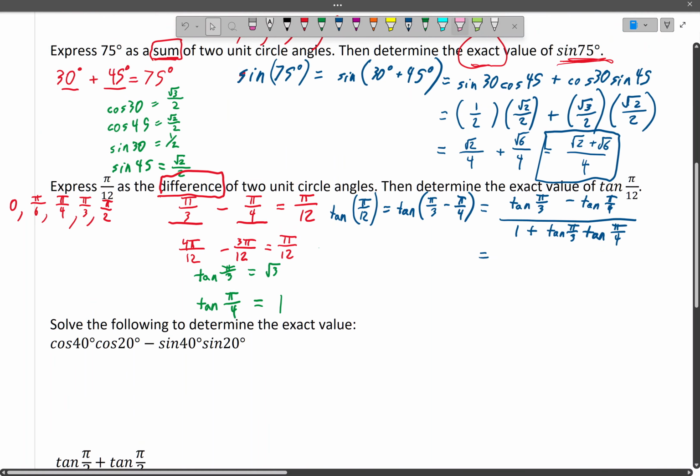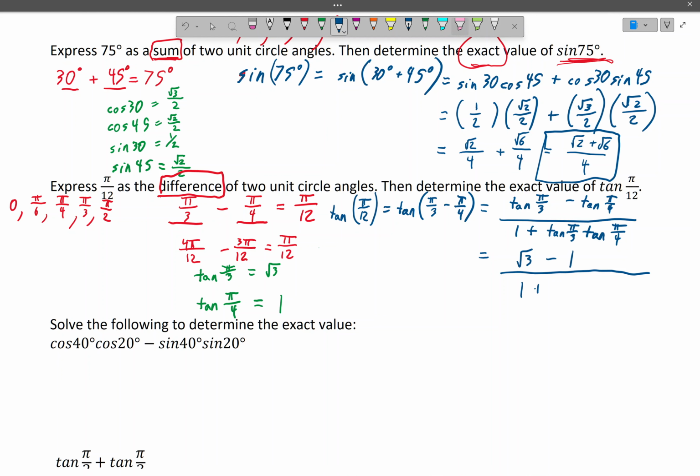Okay, so with those two values now, we can go ahead and finish answering this question. And so this is going to be root 3 minus 1, over 1 plus root 3 times 1. Now the times 1 really doesn't matter, so I'll just erase it.